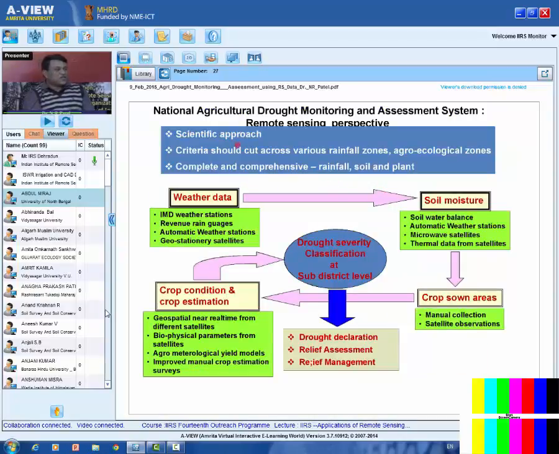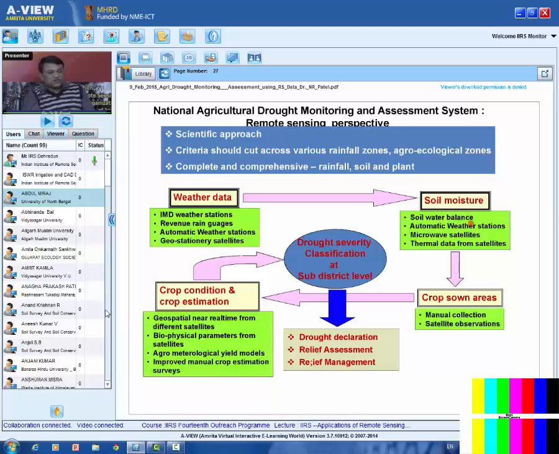So this is the National Agriculture Drought Monitoring Program, where different kinds of data from in-situ measurement, satellites and models are used for drought monitoring. Weather data include IMD weather observation, rain gauge, geostationary satellite-based rainfall as well as automatic rain data.